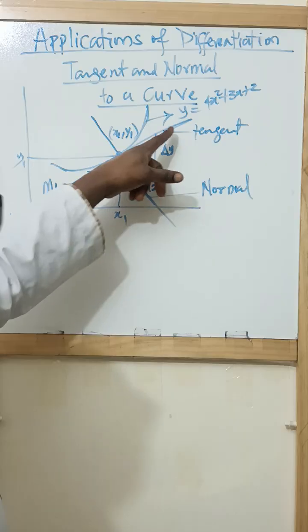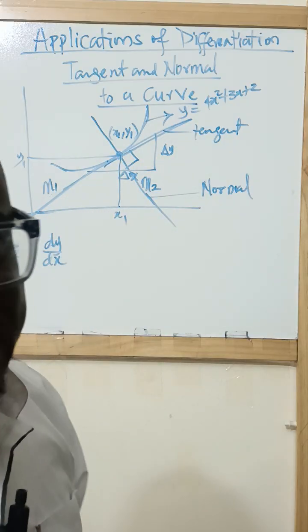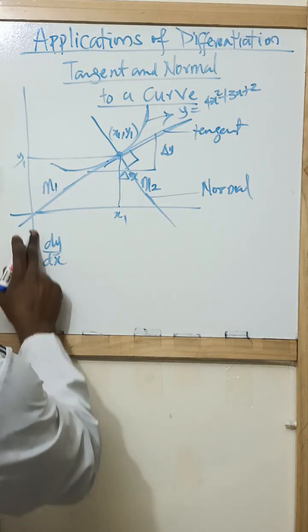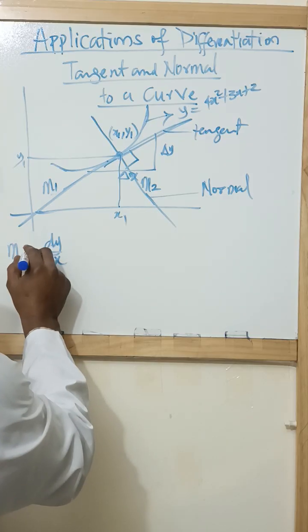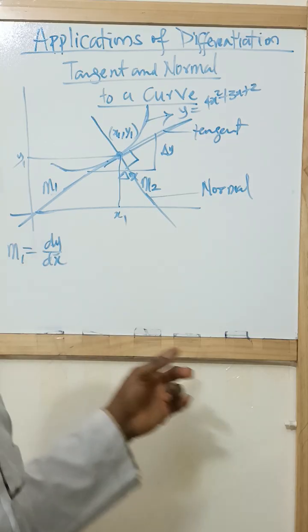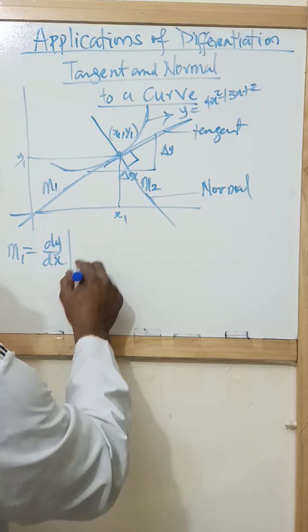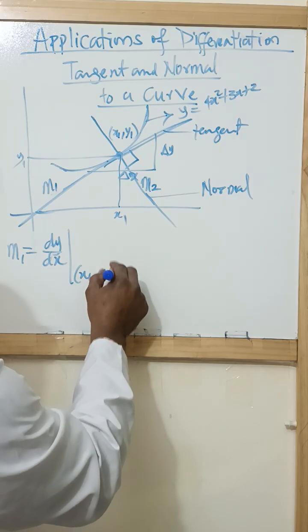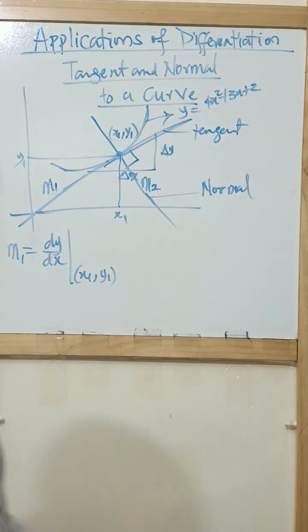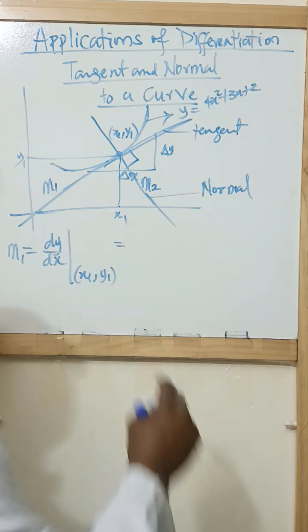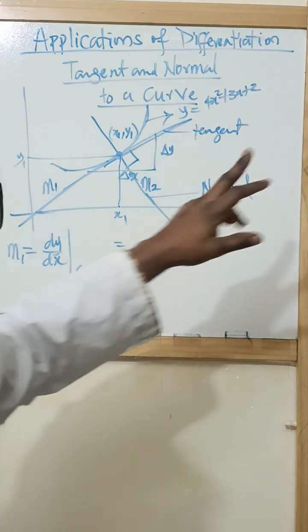It's going to be the gradient of the tangent. So m1 is going to be dy/dx at x1, y1.